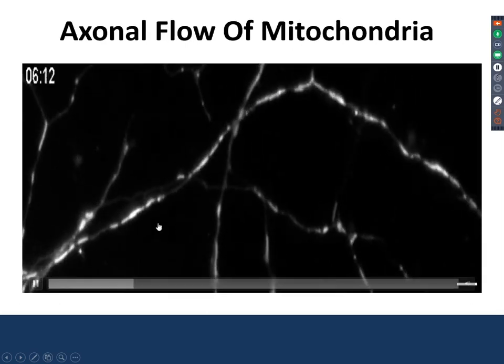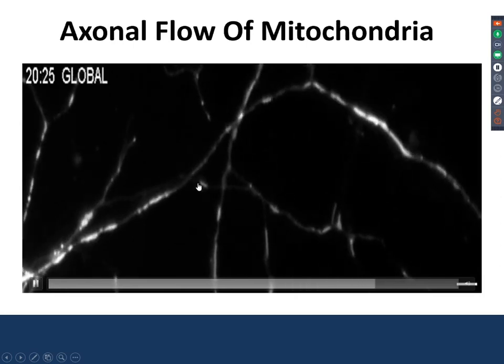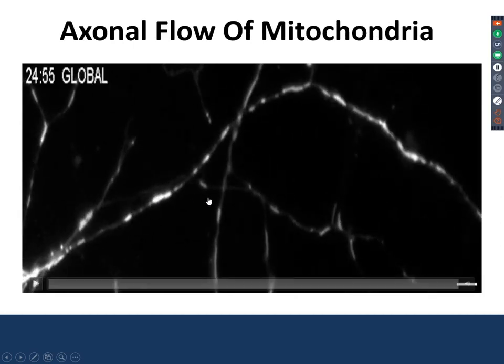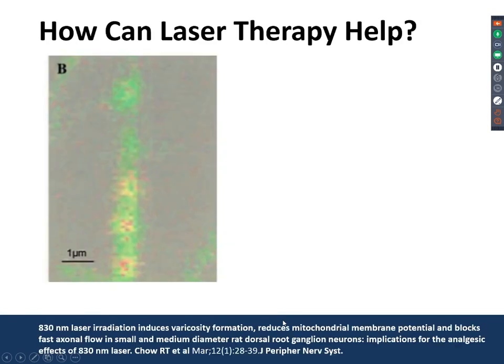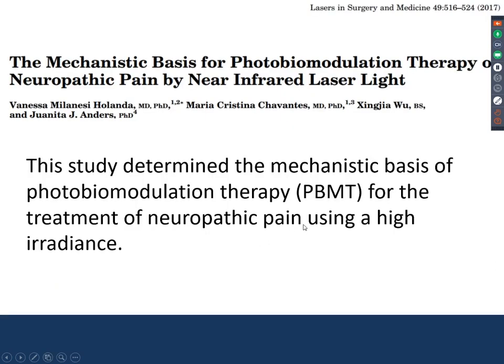This is a little video showing you the normal flow of the axons of the mitochondria. And what she found is that when you expose it to high amounts of 830 nanometers of light, you get these formations of these varicosities, and it actually blocks the flow of these specific mitochondria.